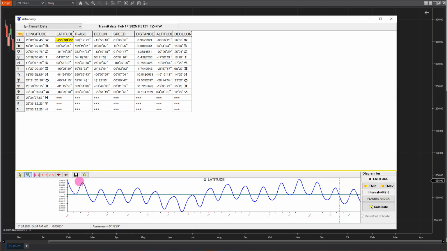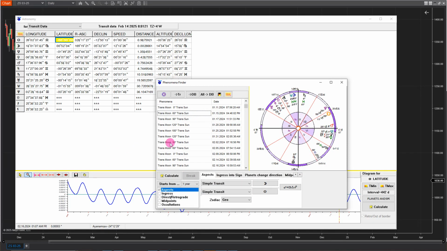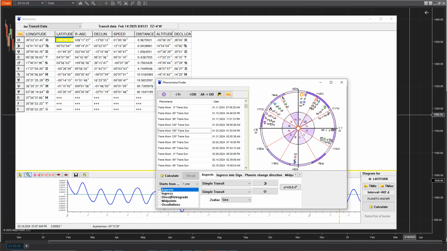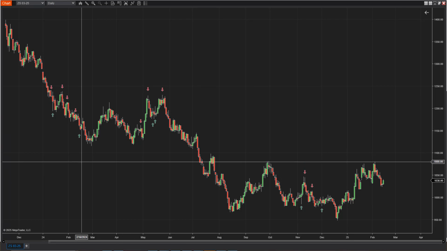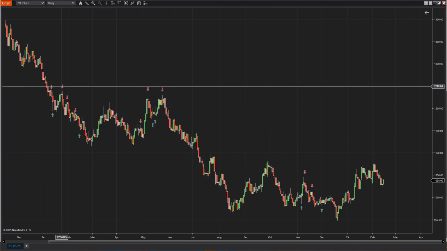The high is there on the 24th, and the aspect is on the 25th. Right here we've got the opposition, and on the 25th right here we get this high. So the aspect is the fine tuner for the latitude.